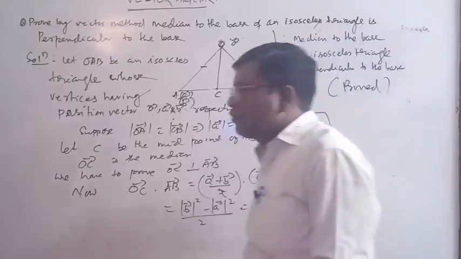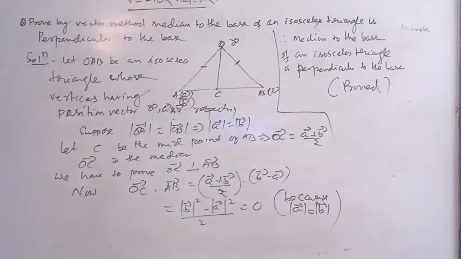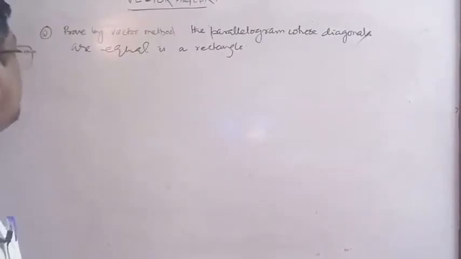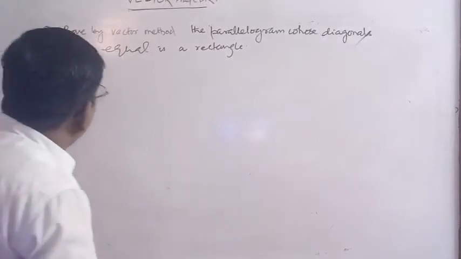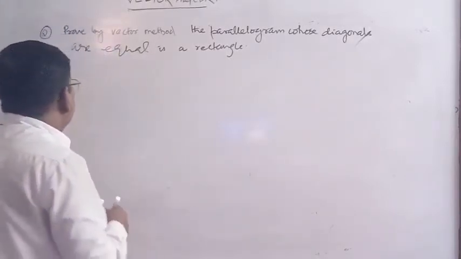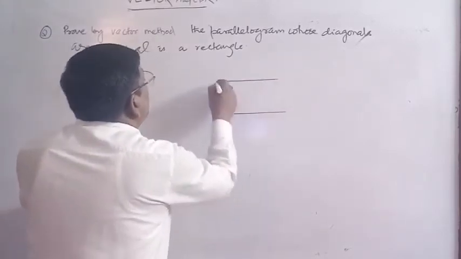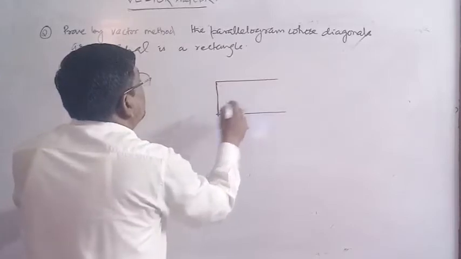Now another question. This question is proved by the vector method. The parallelogram whose diagonals are equal is a rectangle. Suppose this is a parallelogram whose diagonals are equal.